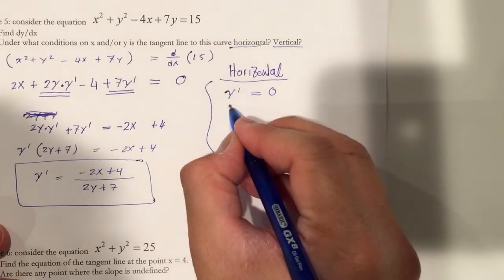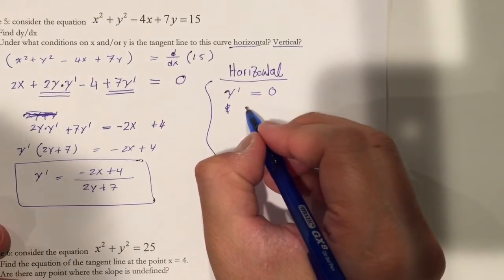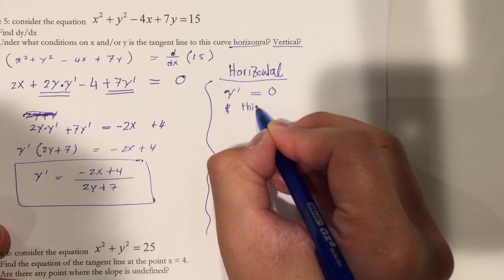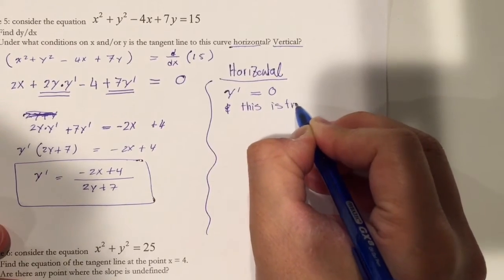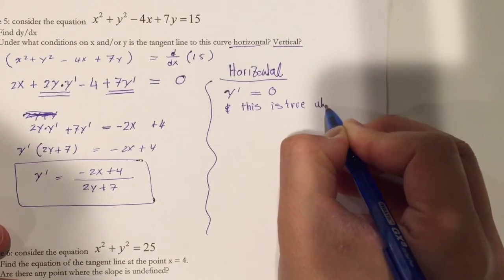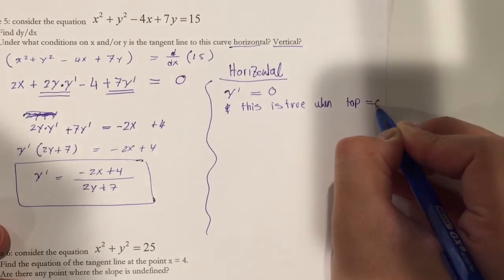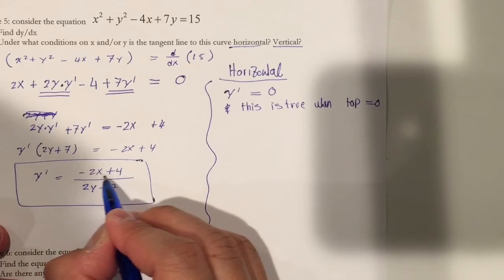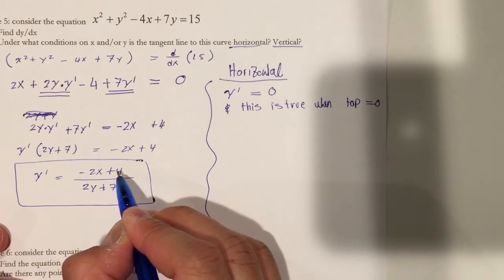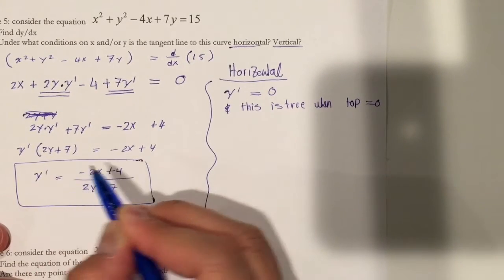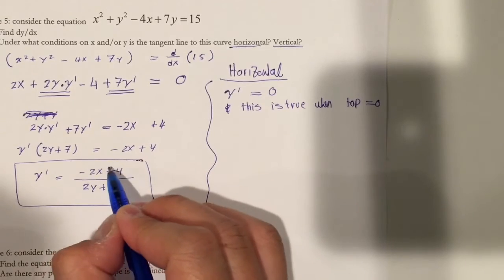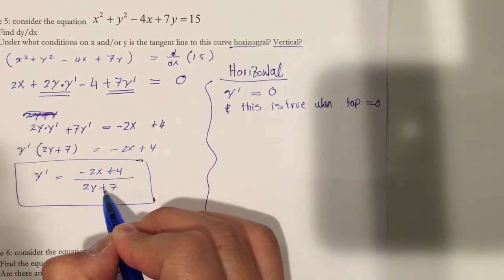And this is true when the top, which is the numerator, equals 0. So when this equals 0, right here, then the derivative equals 0, because if that equals 0, then 0 divided by anything is 0.